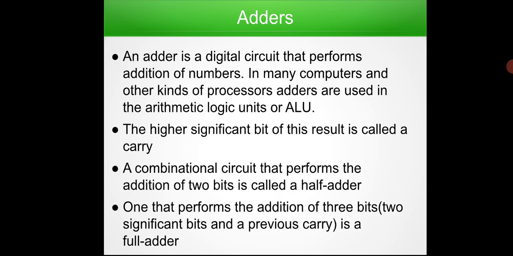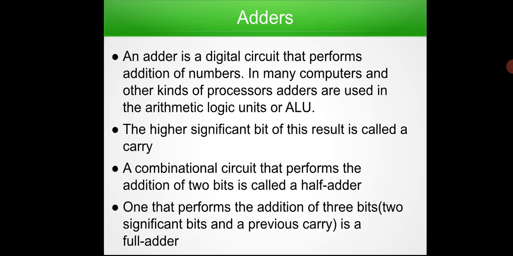Fine. A combinational circuit that performs the addition of 2 bits is called a half adder. Now one that performs addition of 3 bits, 2 significant bits along with the previous carry, is called a full adder.